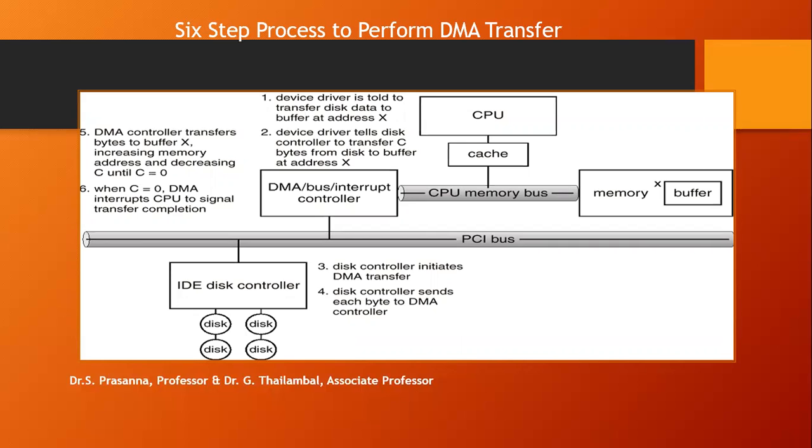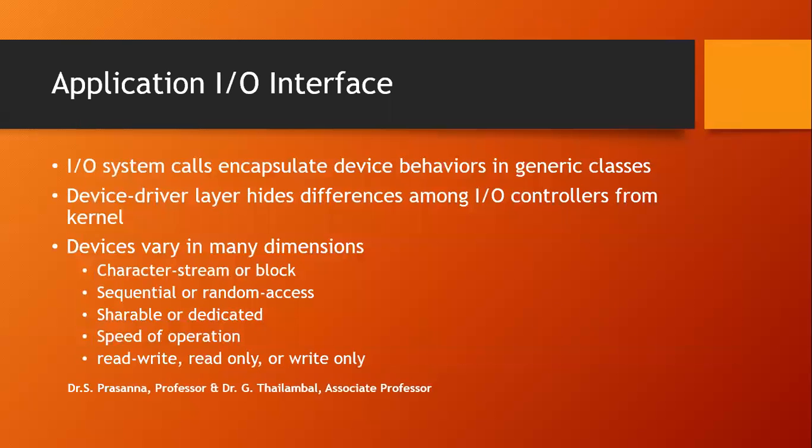The fourth step is the disk controller sends each byte to the DMA controller. The DMA controller transfers the bytes to buffer X, increasing the memory address and decreasing C until C equals 0. When C equals 0, DMA interrupts the CPU to signal transfer completion. Afterwards, the CPU resumes its execution. These are the 6 steps of direct memory access.